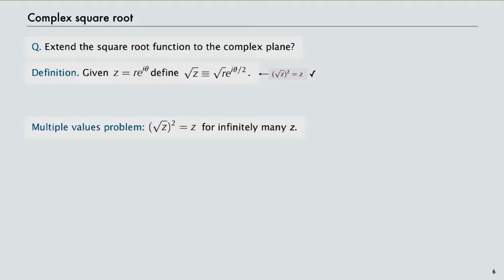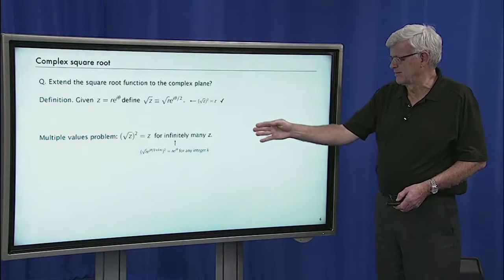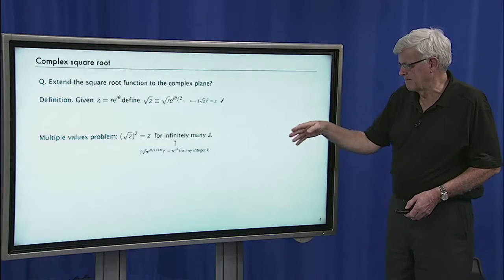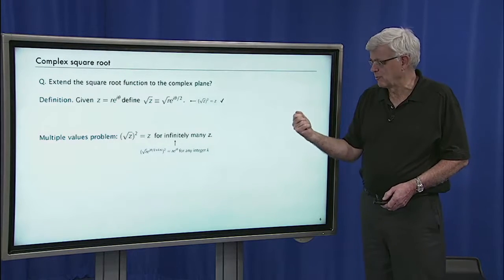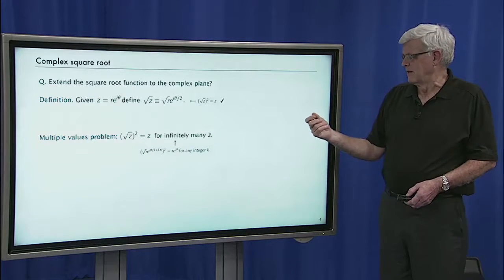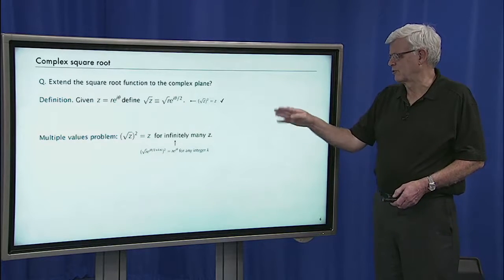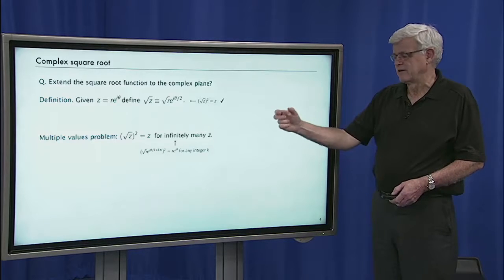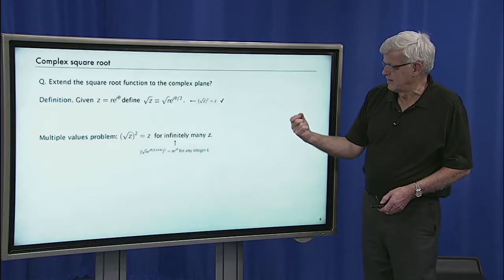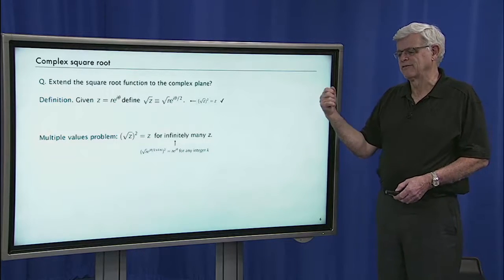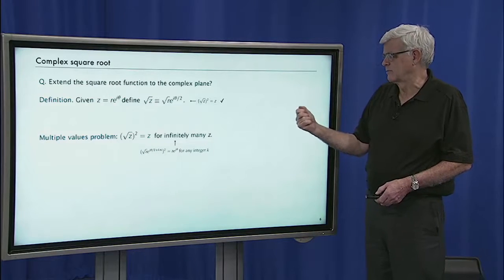But there's a problem called the multiple values problem, and that is that there's actually infinitely many values for which square root of z squared equals z, because if you add an integer multiple of πi to the exponent in square root of r e^(iθ/2), and then you square that, you get an extra factor of e^(2πi), which is 1.